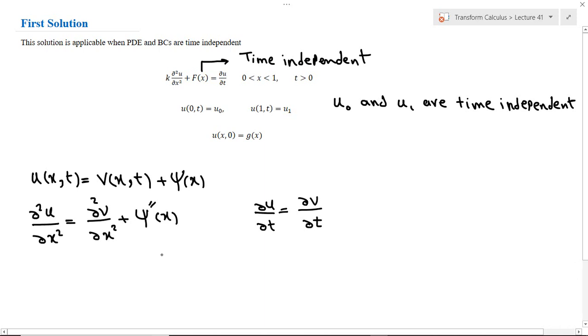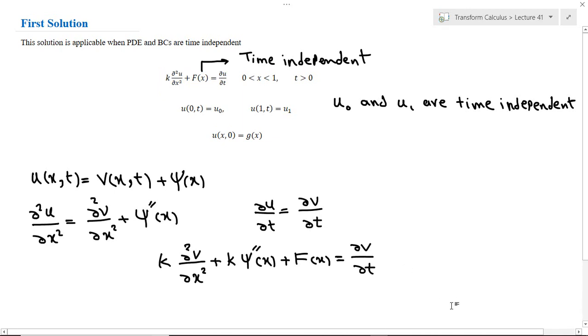Now I plug it in the partial differential equation. We have k times the second derivative of u with respect to x, which is equal to the second derivative of v with respect to x, plus k psi double prime of x, plus f of x, equal to the derivative of u with respect to t, which is equal to the derivative of v with respect to t.